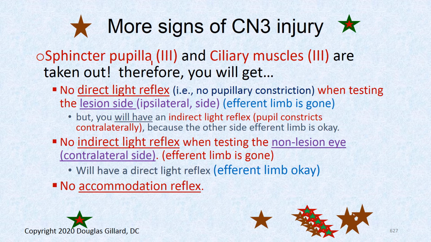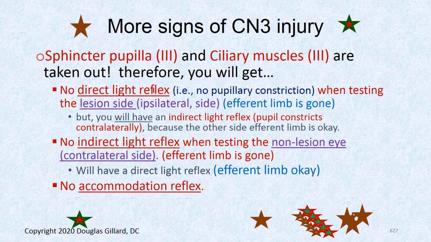Those are really important. So if you have a cranial nerve 3 lesion, let's say on the right side, how will the direct light reflex be on the right side? Because the cranial nerve comes back. Remember, it comes back on the contralateral and ipsilateral side.